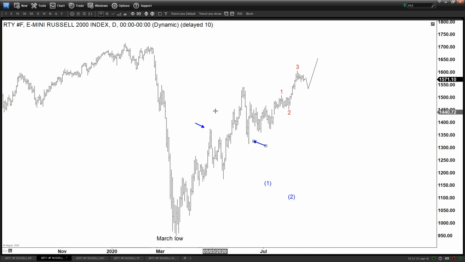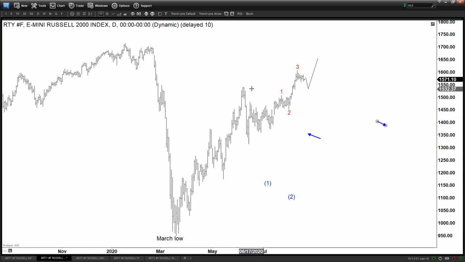Now this is technically probably the most conservative way to look at the move, that this is a 1, 2, 3, 4, and we are now within a wave 5 from the March low. But what's interesting is that this wave 3, if you label it like that, is currently shorter than the wave 1.